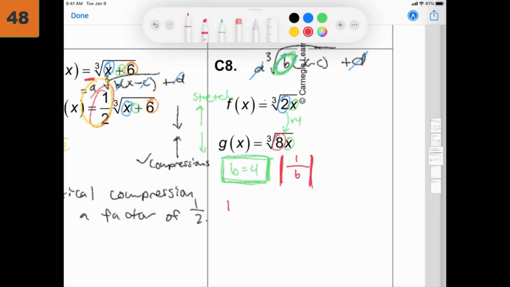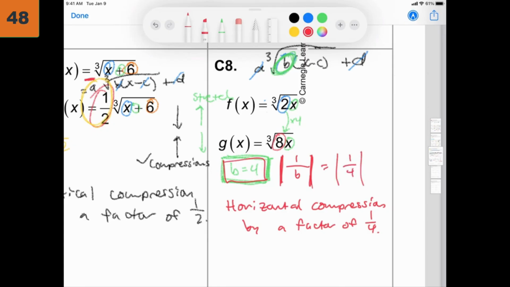So we're going to have a horizontal compression by a factor of 1/4. How do I know it to be 1/4? Well, if you take this value and put it in for b, you're going to get the absolute value of 1/4, which is 1/4. So this factor is less than 1, so that's why it's a compression.